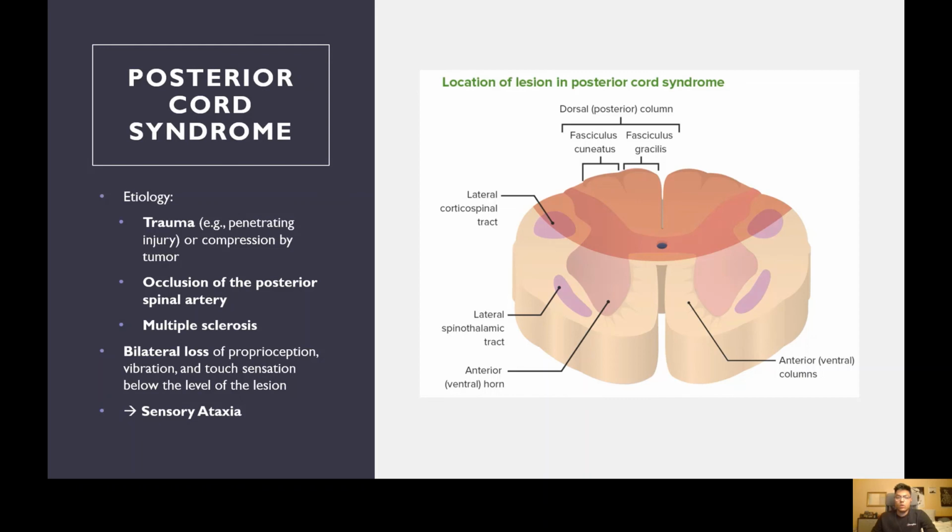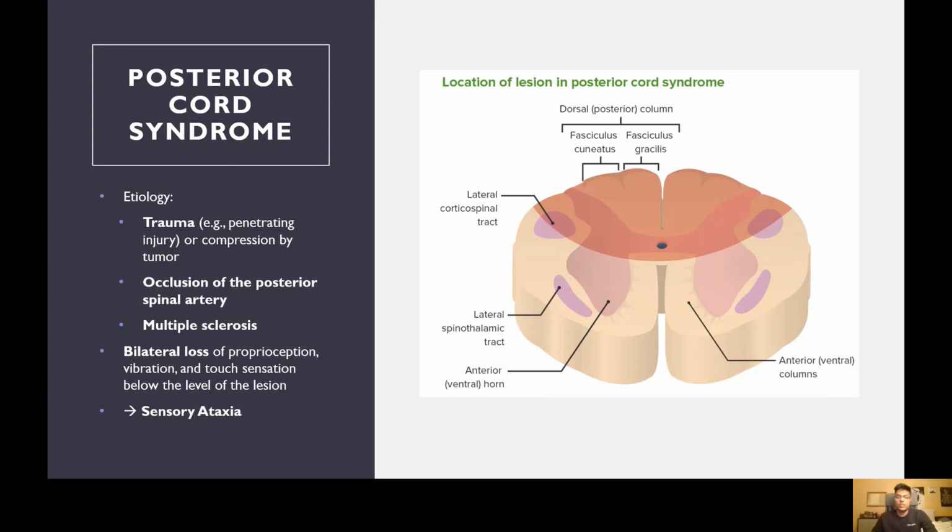So what would you see in this syndrome? It is important to remember that there is a bilateral loss of proprioception and other sensory information below the level of the lesion, as I said before. And this leads to a condition called sensory ataxia, which is basically the loss of coordination of voluntary movement.